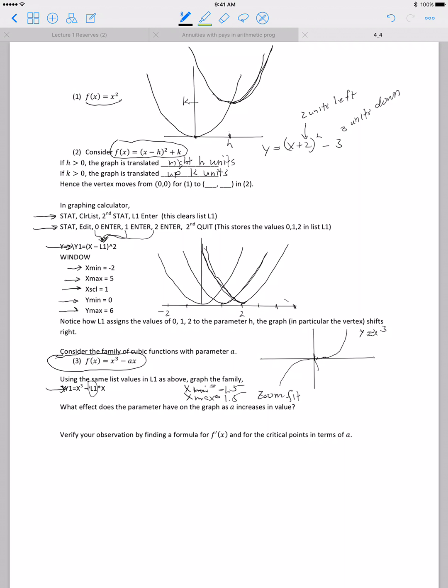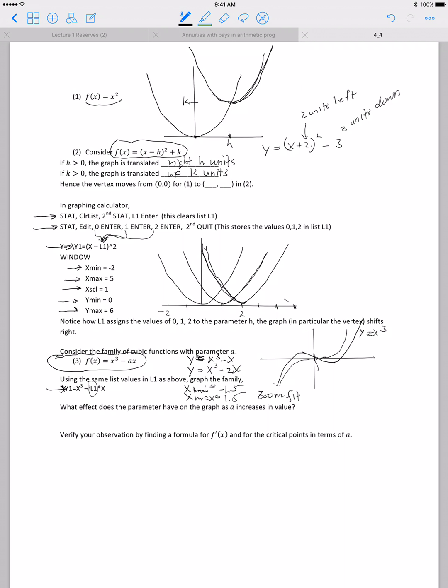If we do that, you'll see y equals x cubed, and then the next one should be y equals x cubed minus 1 times x. That one will look like this. It actually has a local max and a local min now. The next one your calculator graphs is y equals x cubed minus 2x, because that is the last number in the list L1.